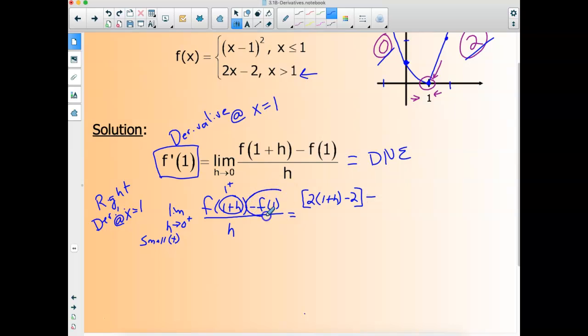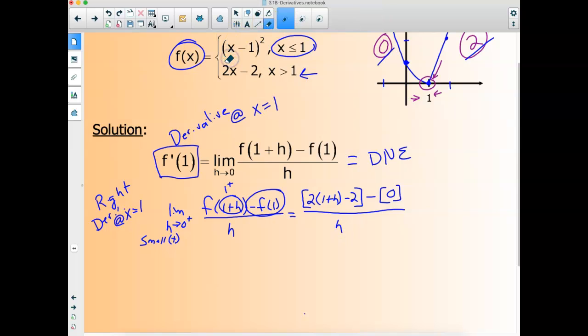Minus, what's f of 1? Well, which piece can I put it in? Oh, 1's included up here. So 1 minus 1, f of 1 is 0, divided by h. Don't get confused.